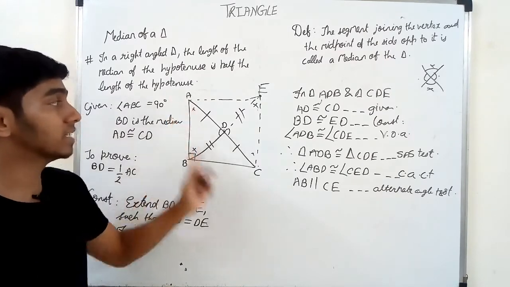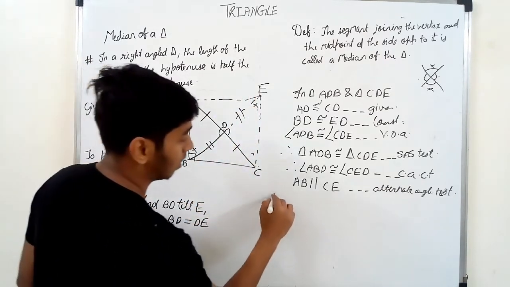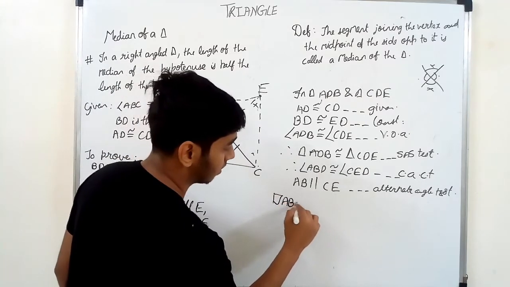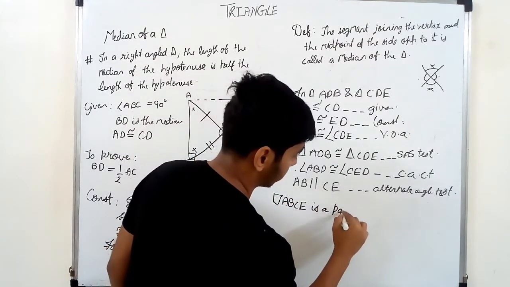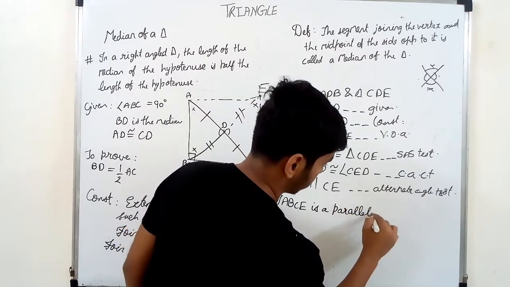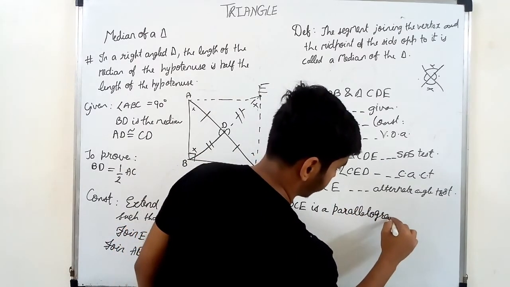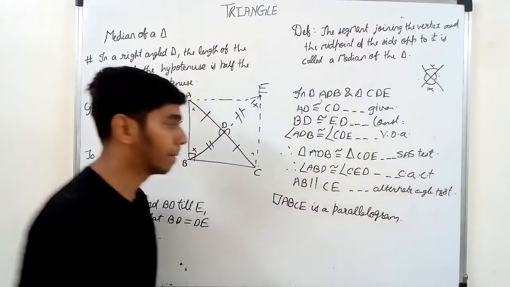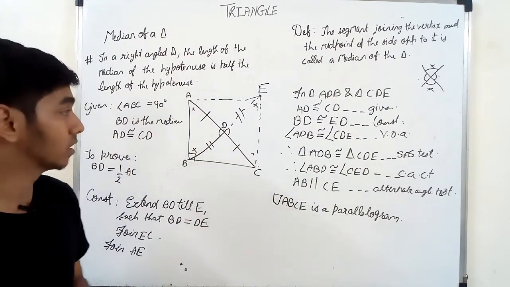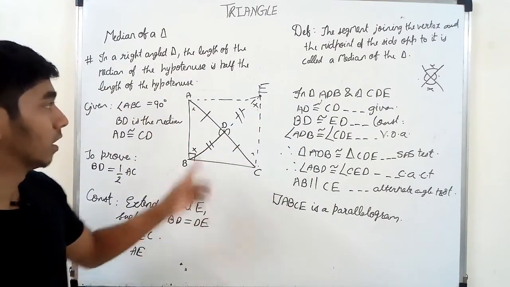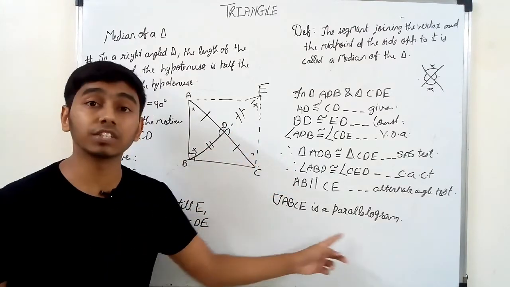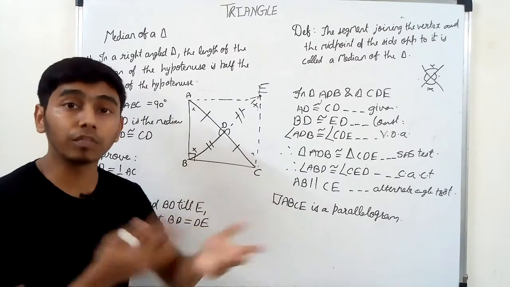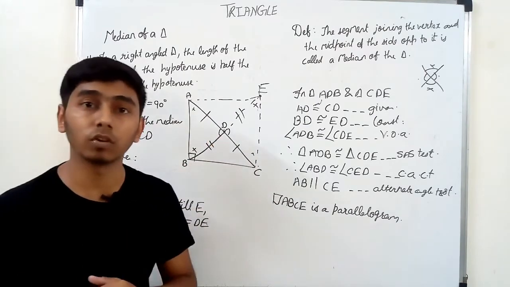Okay, quadrilateral ABCE is a parallelogram. Yes or no?